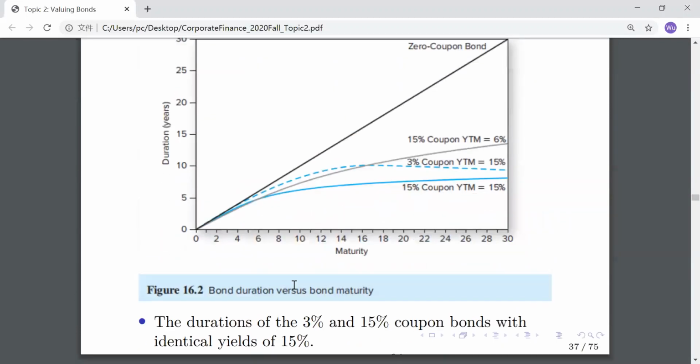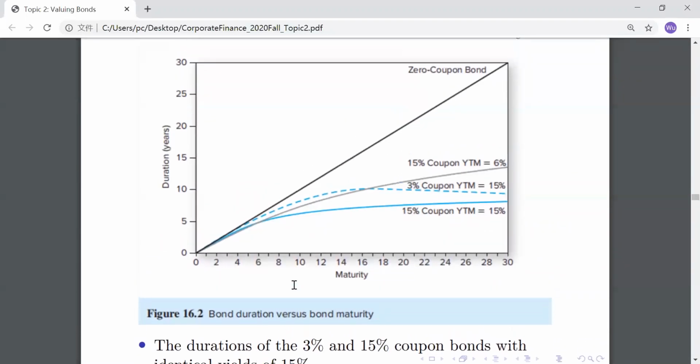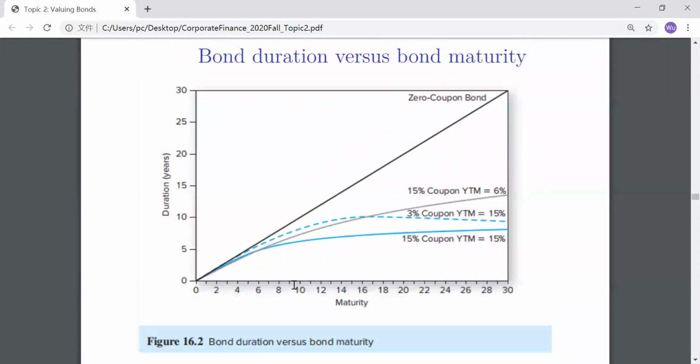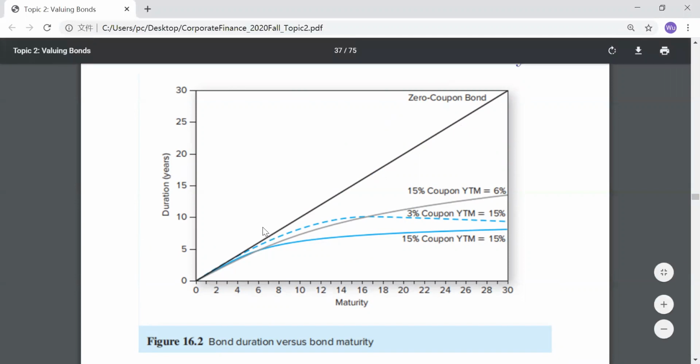Now let's look at another graph here. This graph shows you the relation between duration and maturity, with different kinds of bonds. This is the zero coupon bond. In that case, duration will be just equal to the maturity. That's why it's a 45-degree line. Now we have another 3 bonds.